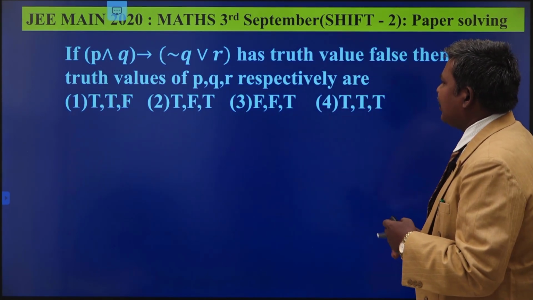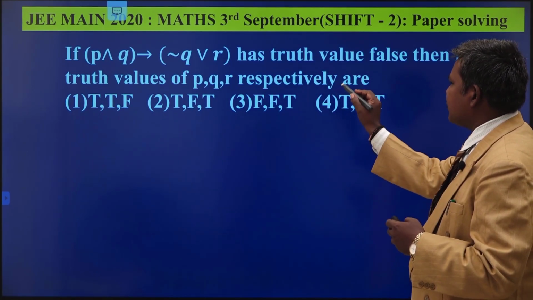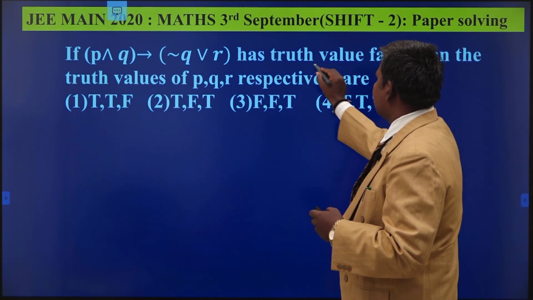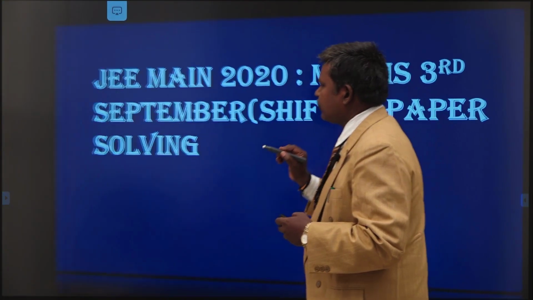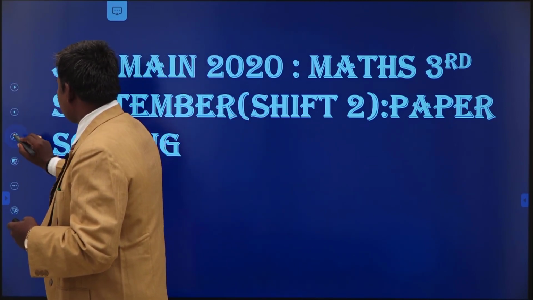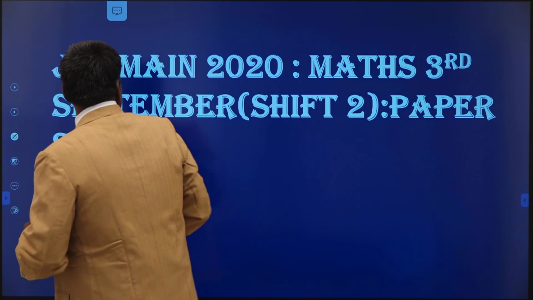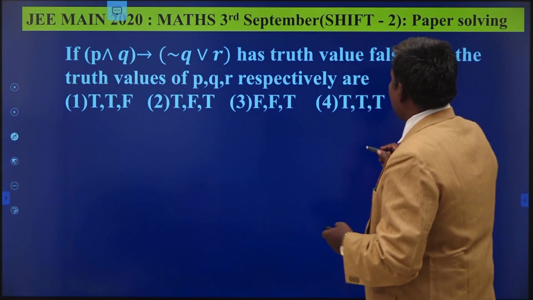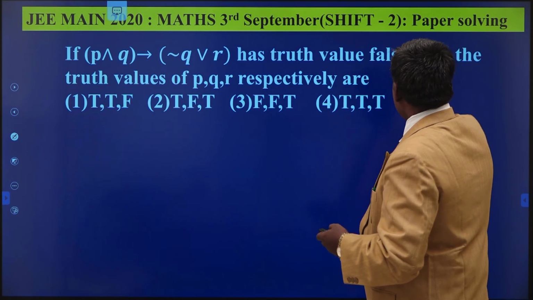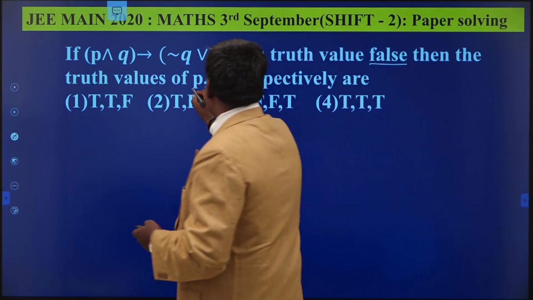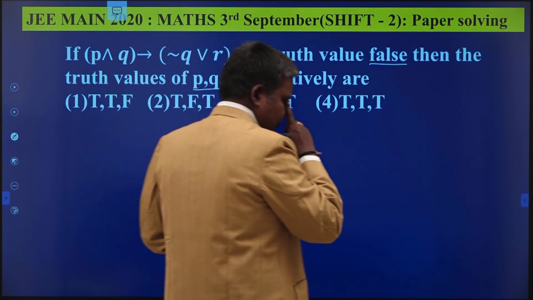If (P and Q) implies (negation of Q or R) has truth value false, then the truth values of P, Q, R are what respectively?